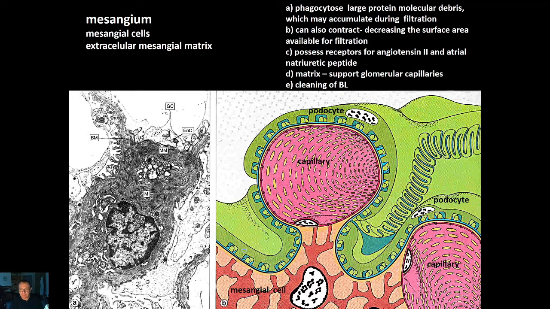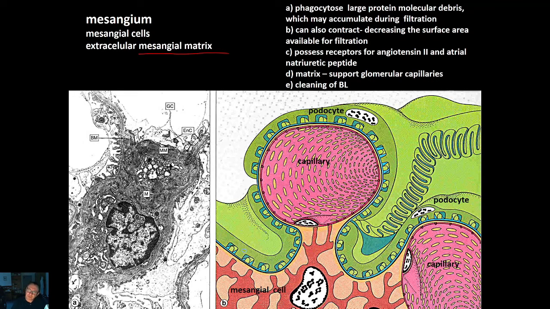Mesangium, which is found in the glomerulus and which is represented by mesangial cells and also by a mesangial matrix, is not only something filling free spaces, but it is also important for the phagocytosis of some bigger molecules which can accumulate in the filtration barrier, and it is necessary to clean this barrier.